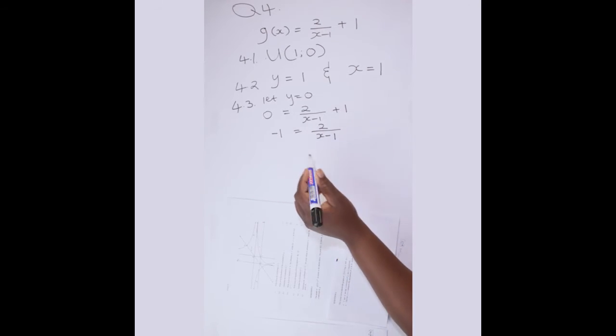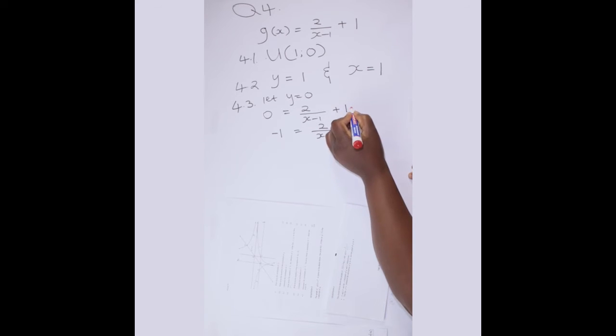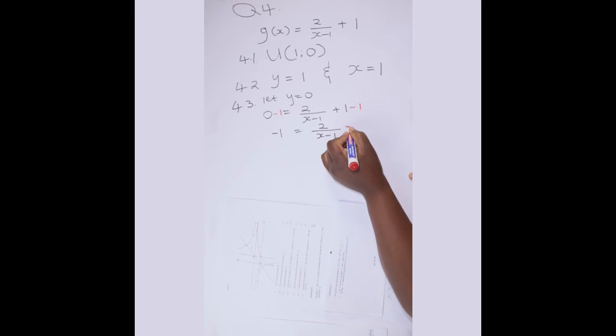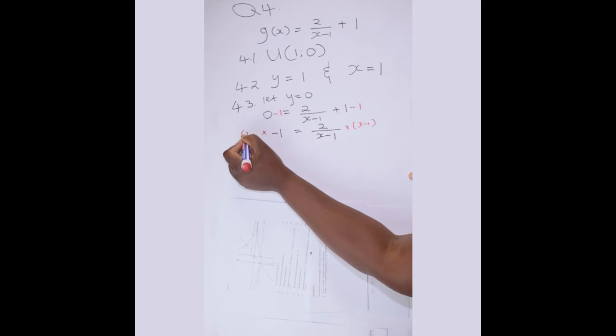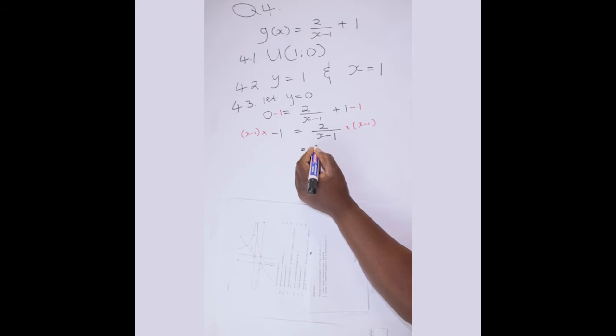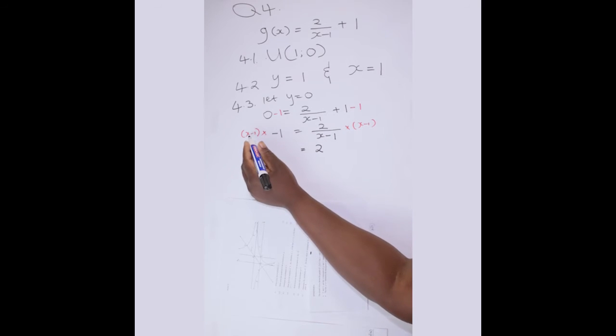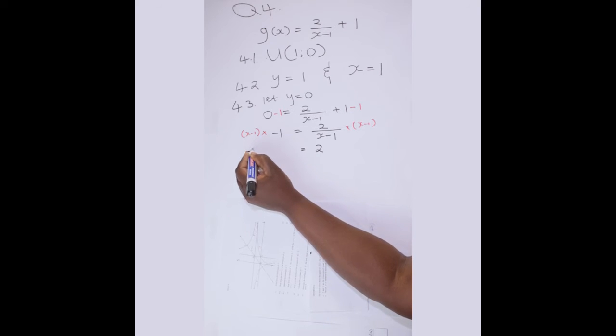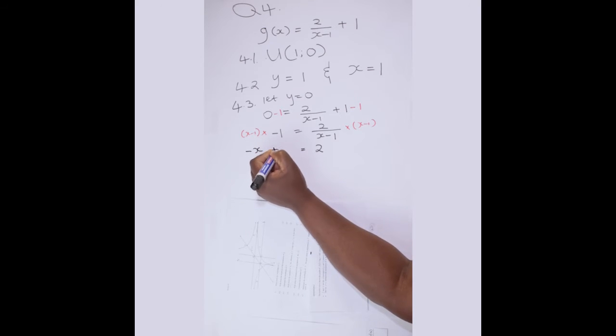Then you go on, multiply both sides by x minus 1. So here what you have done is subtract 1, then multiply by x minus 1. When you do that, you will end up on the right side with only 2, and on the left side you will multiply out to remove the brackets. So then you will have a negative x plus 1.